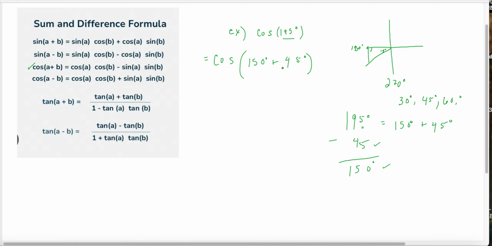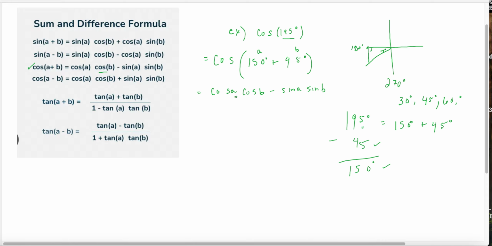In this case, A is 150 and B is 45. Let's write down the right side of the formula. We're going to use cosine A, cosine B, and then we're subtracting sine A, sine B.